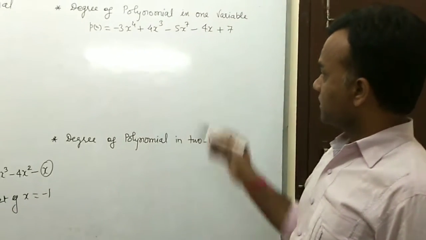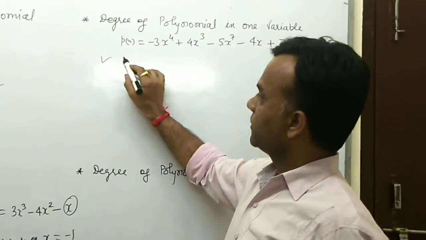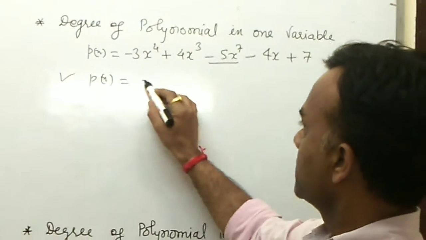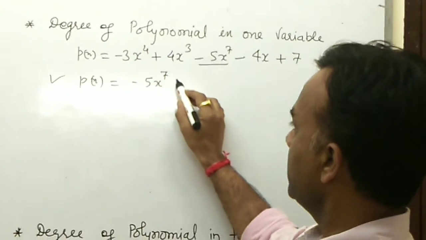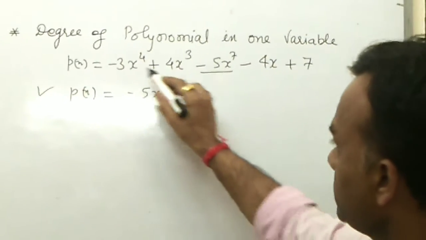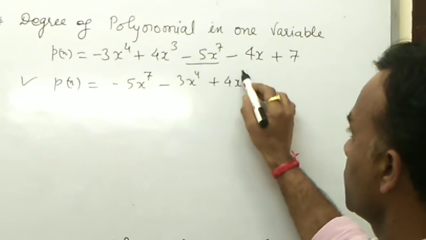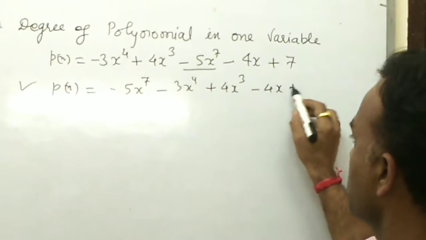So now first we arrange it in the standard form, like p of x. First denote the highest term. So minus 5x to the power 7, and then minus 3x to the power 4, then plus 4x to the power 3, minus 4x plus 7.